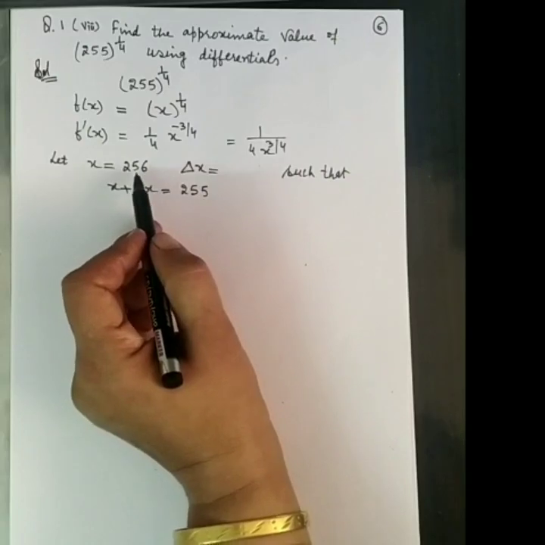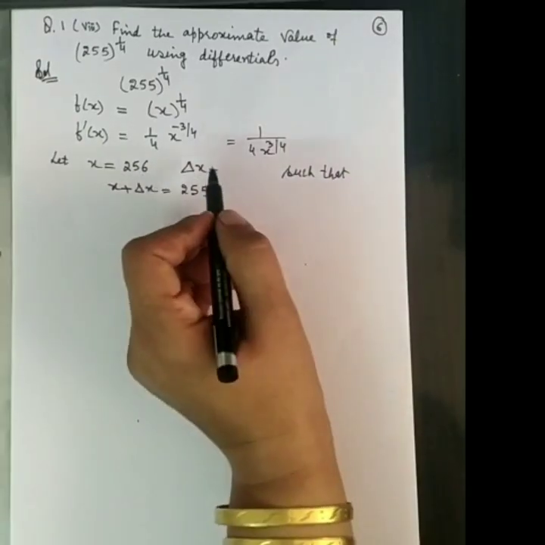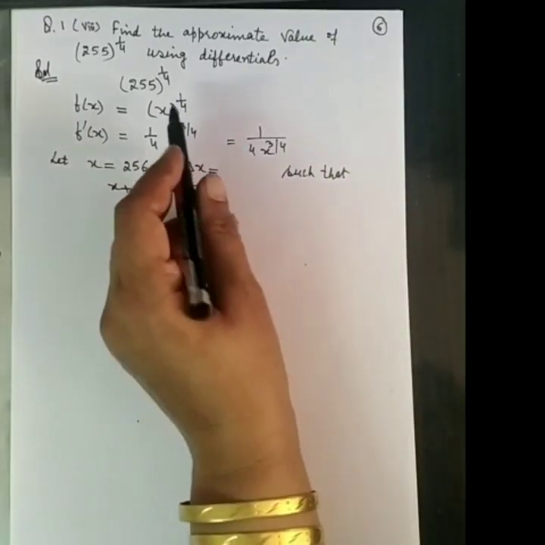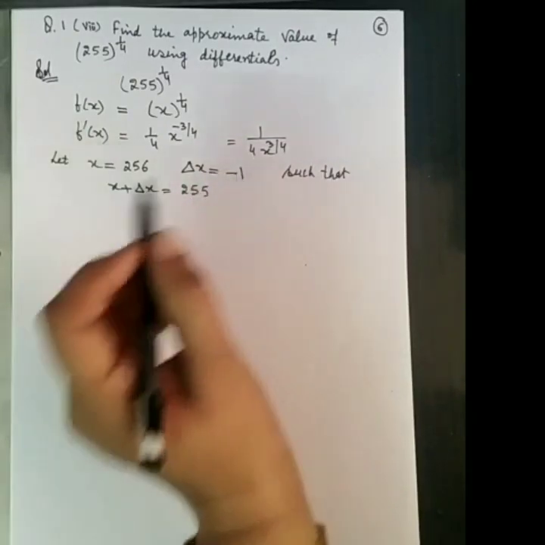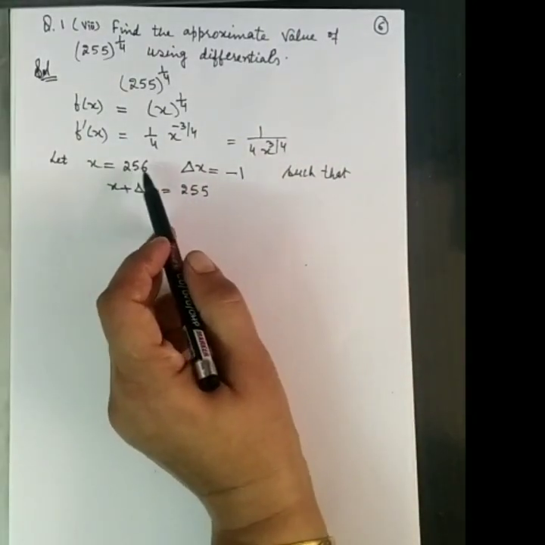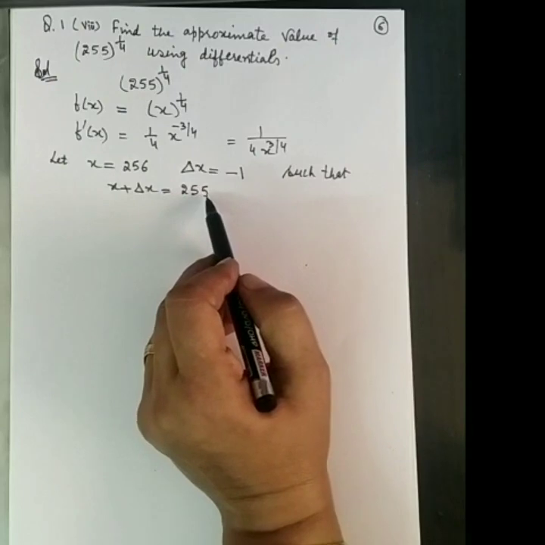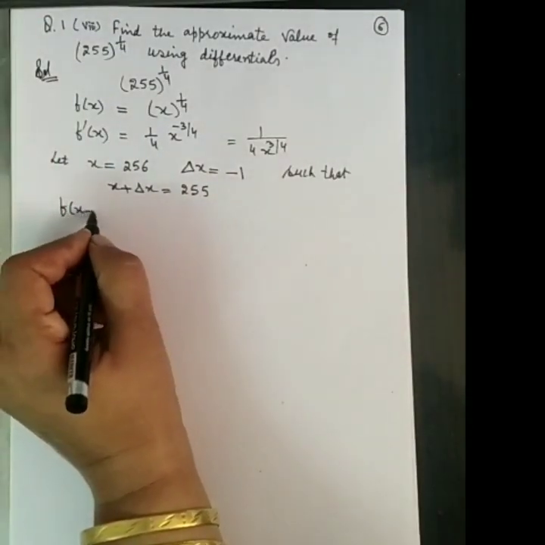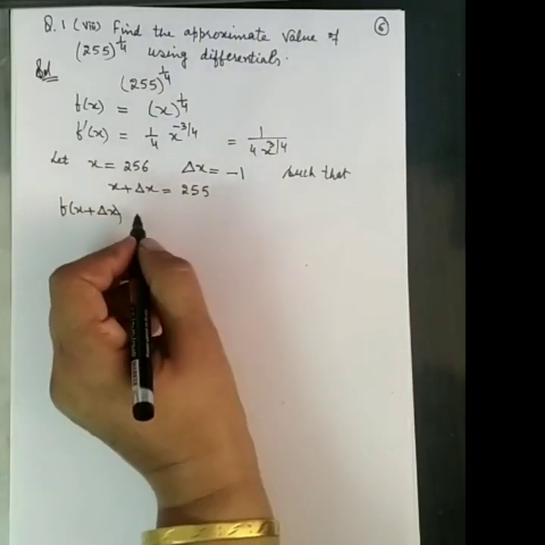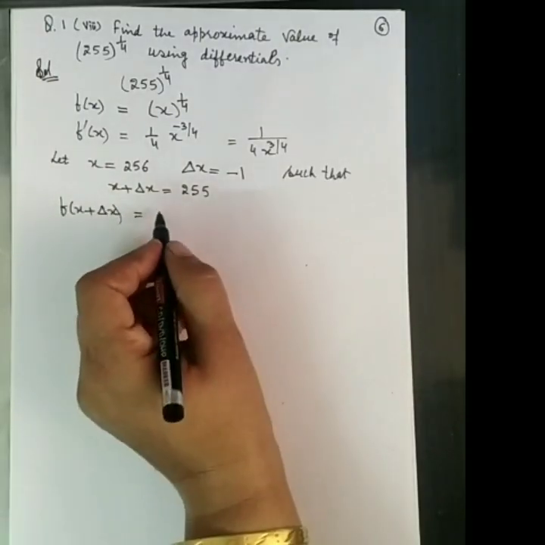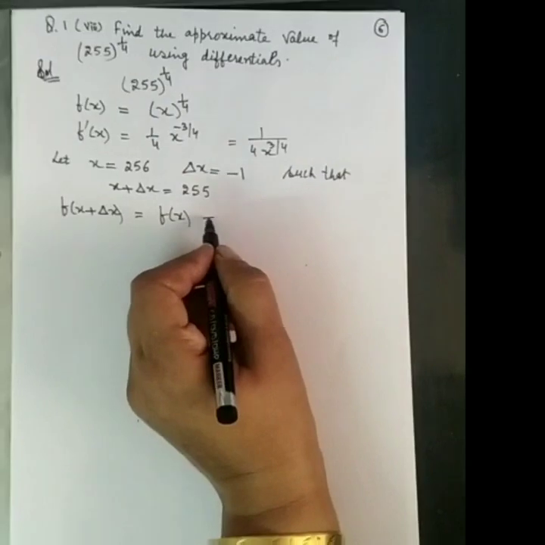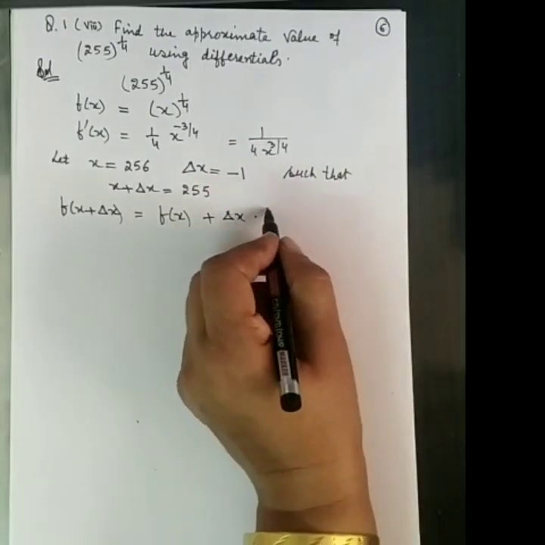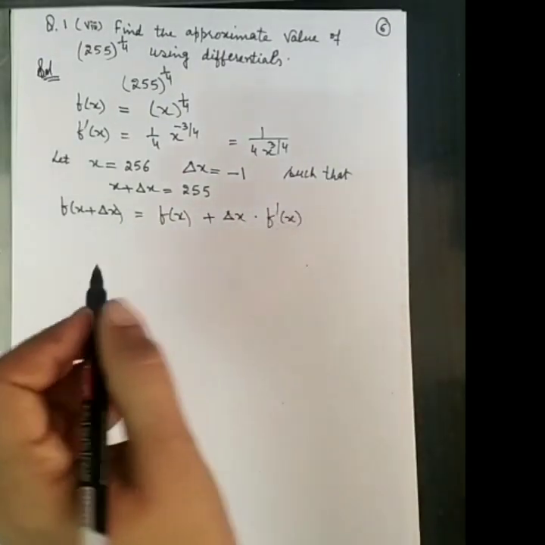256 fourth root is 4, and what will be the delta x? It will be minus 1, so that 256 minus 1 will be 255. Now write the formula x plus delta x. f of x plus delta x is f of x plus delta x into f dash x.